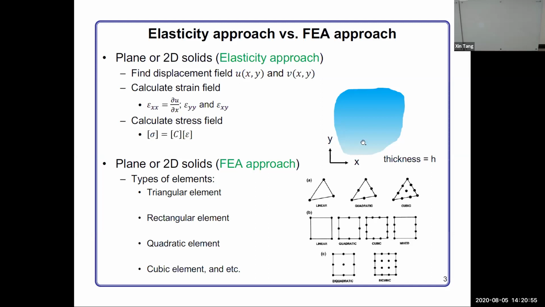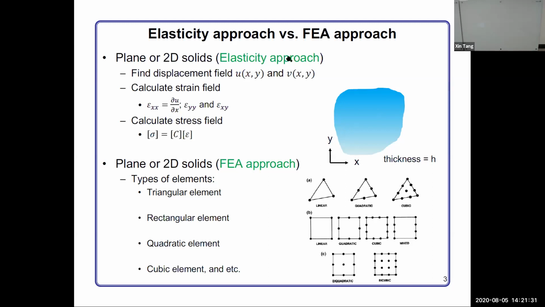Because this is a 2D case, we don't consider the z direction. So sigma zy, sigma zx, and sigma zz are all equal to 0. And also for the epsilon, the components related to the z direction all equal 0. So it's a 2D case. The C tensor, the stiffness tensor or stiffness matrix, also contains 9 components. It contains the Young's modulus and the Poisson ratio. The strain tensor also has 9 components.